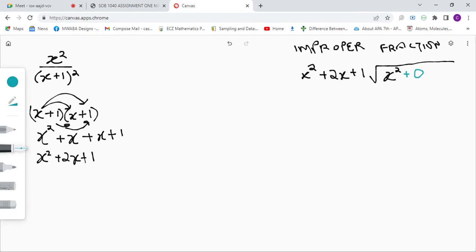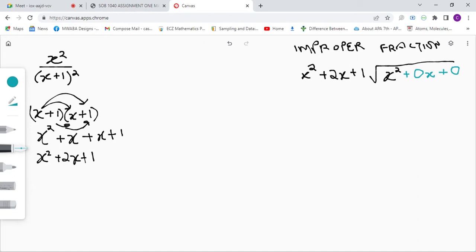To make our division easier, we'll put here plus 0x, plus 0. This will help us a lot in our dividing.